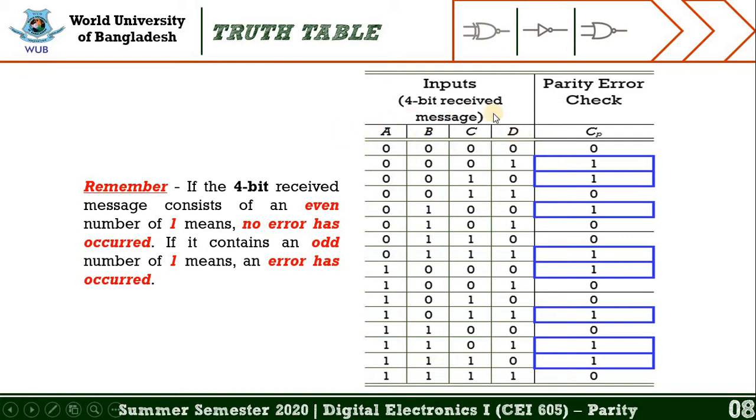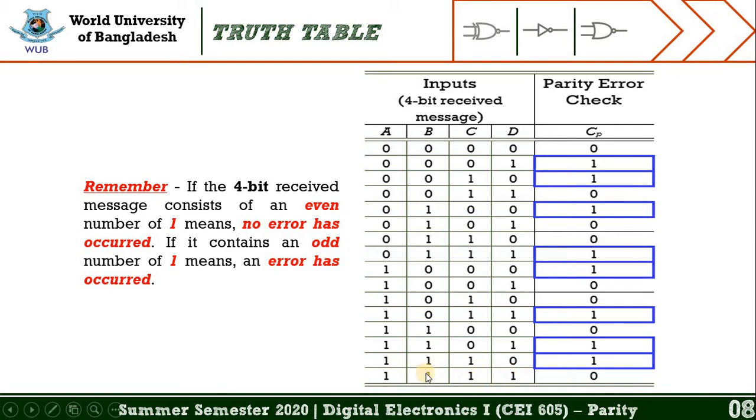So 2 to the power 4 is 16 combinations, so we get the 4 inputs combined in 16 ways, such as 0 0 0 0, 0 0 0 1, 0 0 1 0, 0 0 1 1, 0 1 0 0, and in this way the last combination of the inputs is 1 1 1 1.